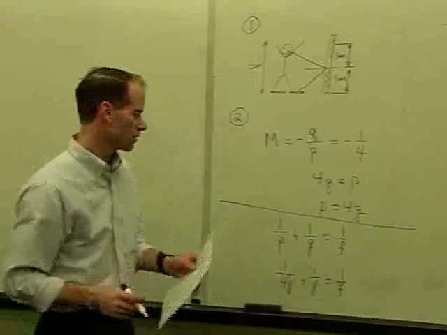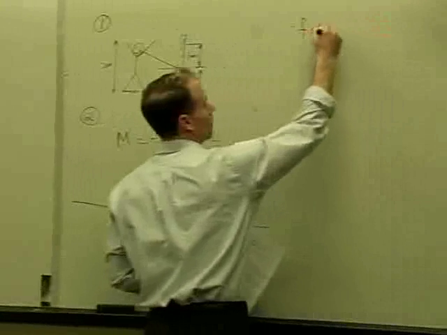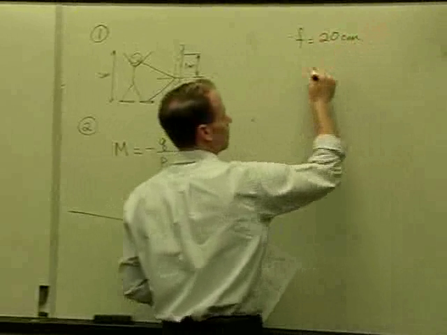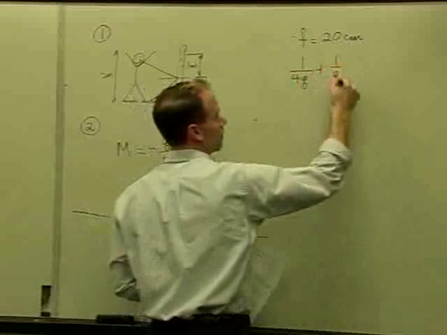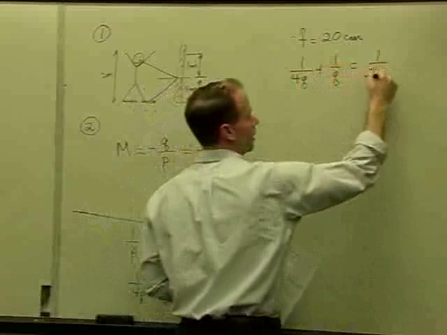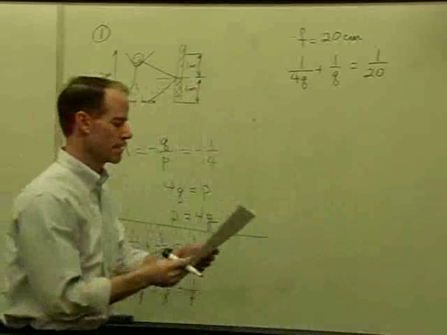In this case, the focal length is given as 20 centimeters. So we have 1 over 4q plus 1 over q equals 1 over 20. Let's just keep everything in centimeters, so our answer will be in centimeters.